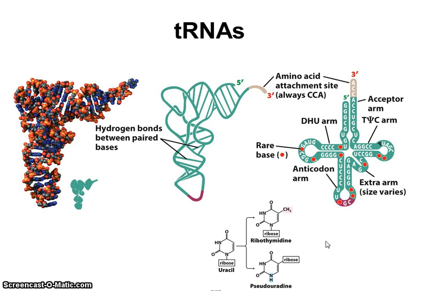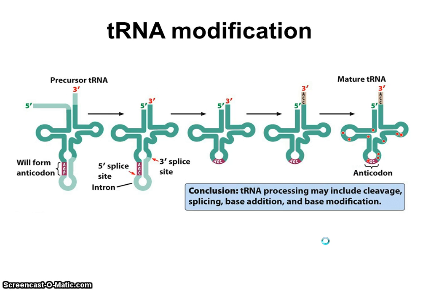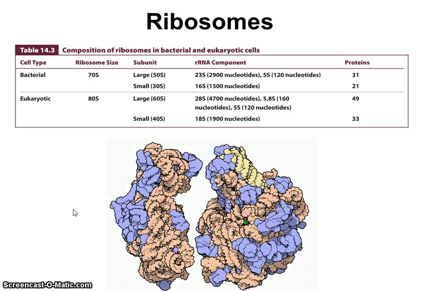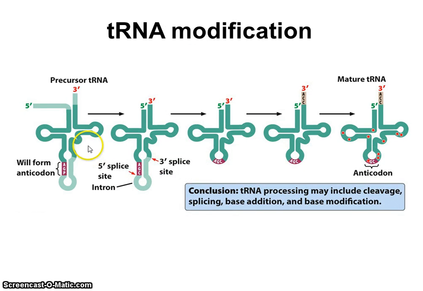Modification of tRNAs includes the following. You can start out with introns in eukaryotes. These introns can get spliced out.